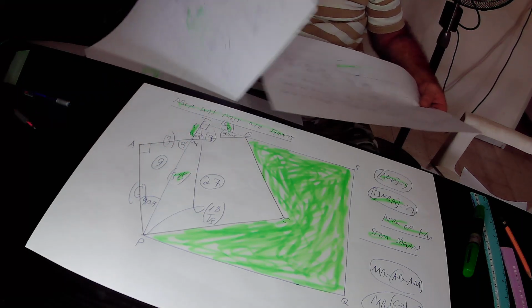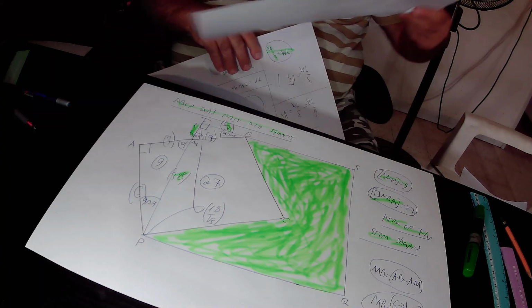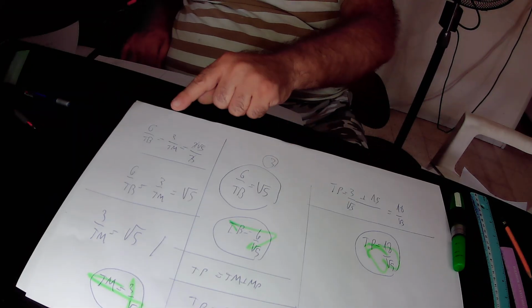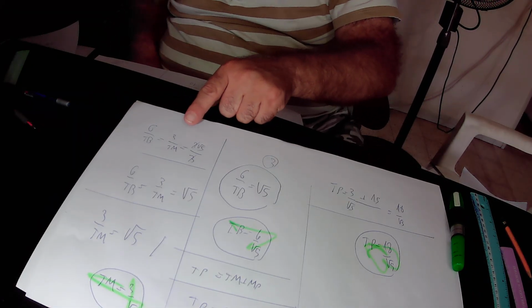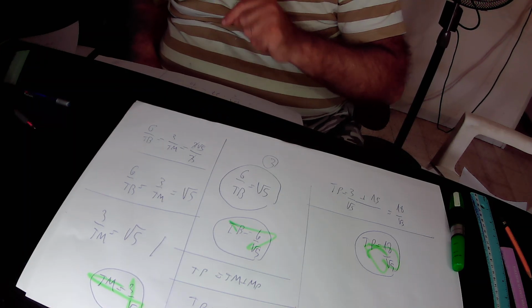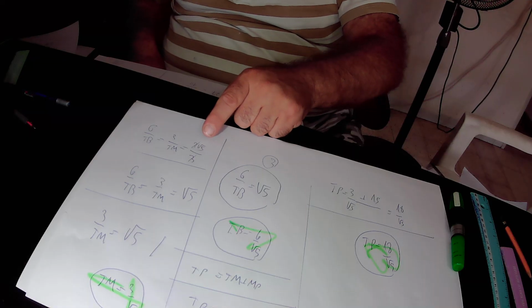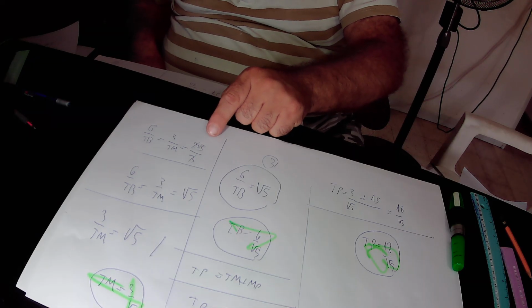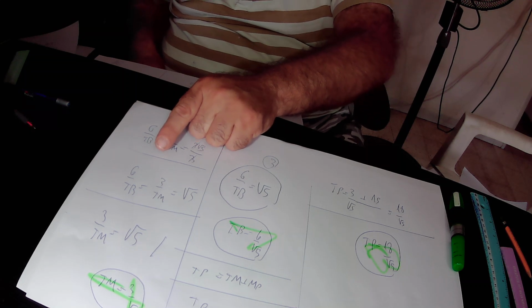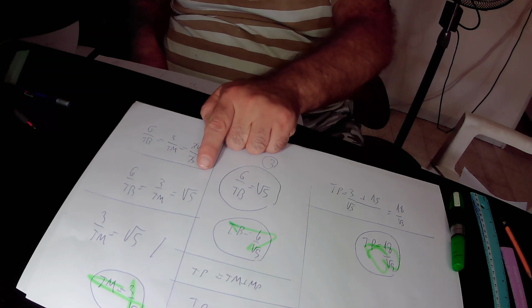So we should know that 6 over TB equals 3 over TM equals 3 over square root of 5 over 3. We have 3 in the numerator and 3 in the denominator, so 3 will get cancelled, and we are left only with square root of 5. So in total, we find that 6 over TB equals 3 over TM equals the square root of 5.